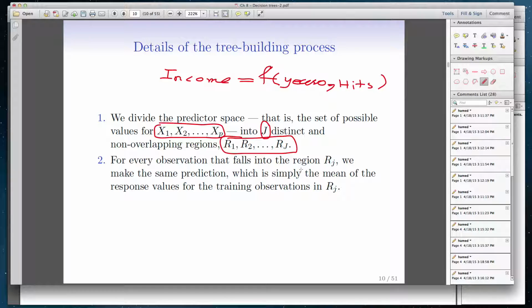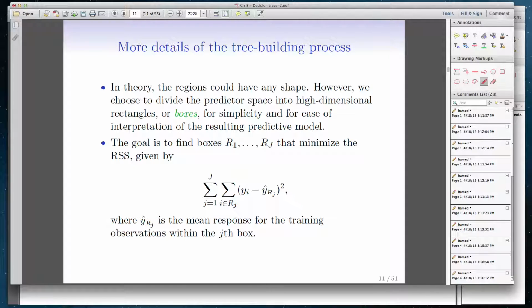For every observation that falls in the region that we define, we make the same prediction, and our prediction is simply the average of all values in that region. So if you want to formally define the best tree, what we need to do is try to minimize the difference between our observations and our predictions.